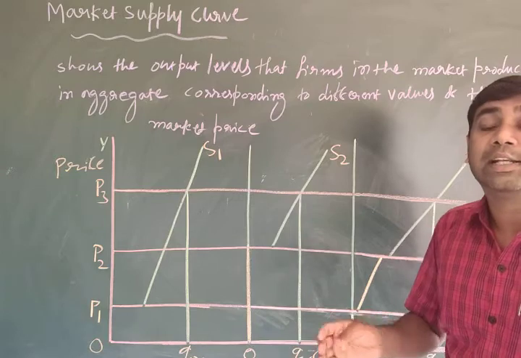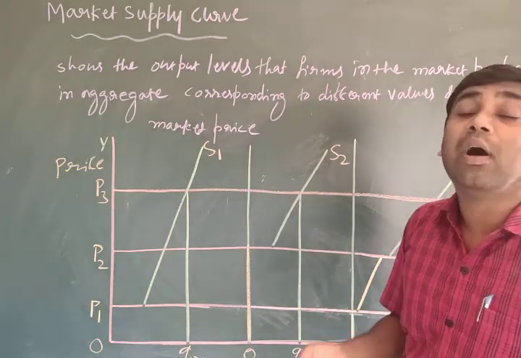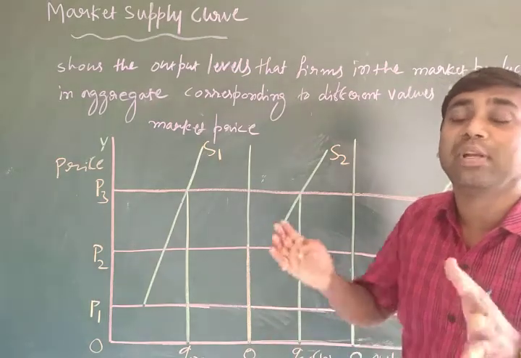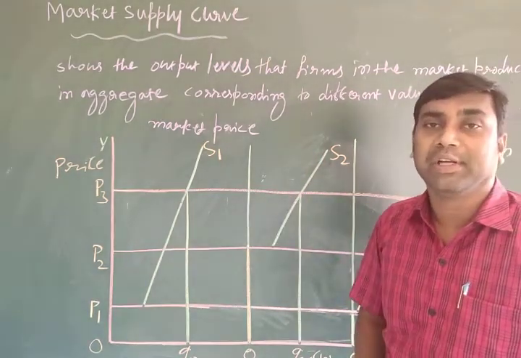That means at different prices, what is the quantity of supply produced by all the firms in the market?